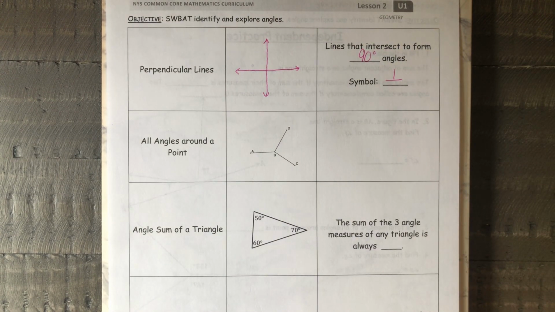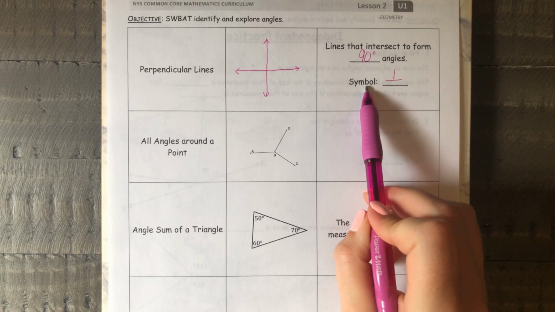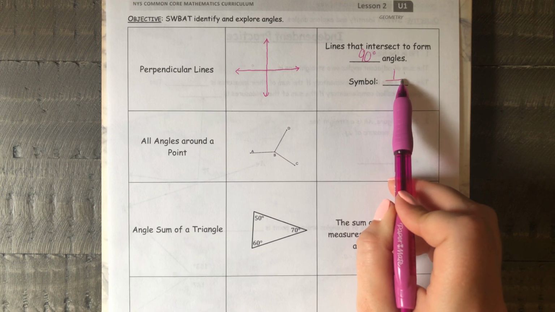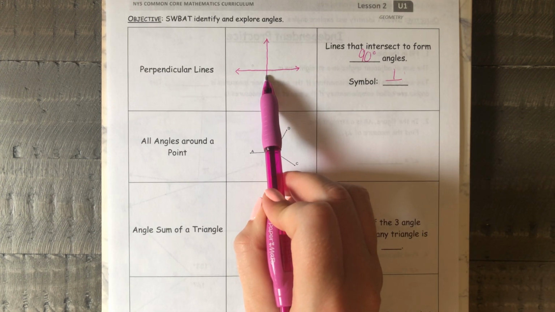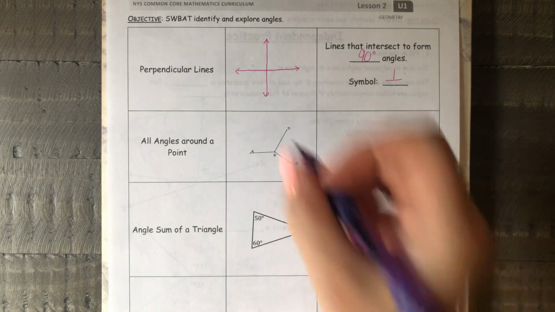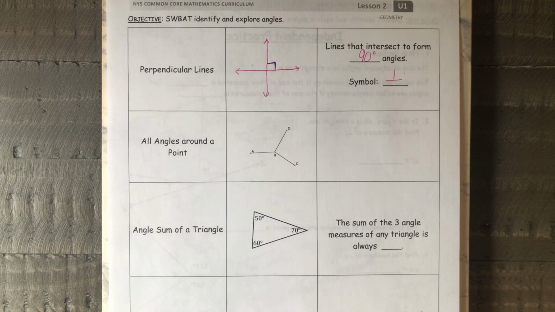And the most important thing: when you're reading a word problem, the symbol would look like an upside down T. When you're looking at a diagram, the symbol is a box. So I'm going to add that box to our picture.